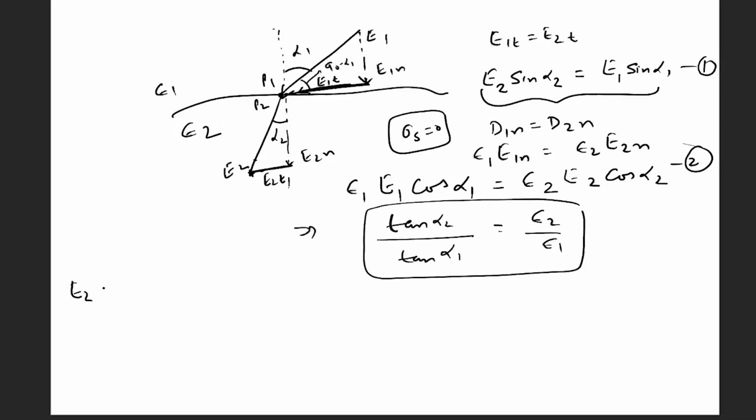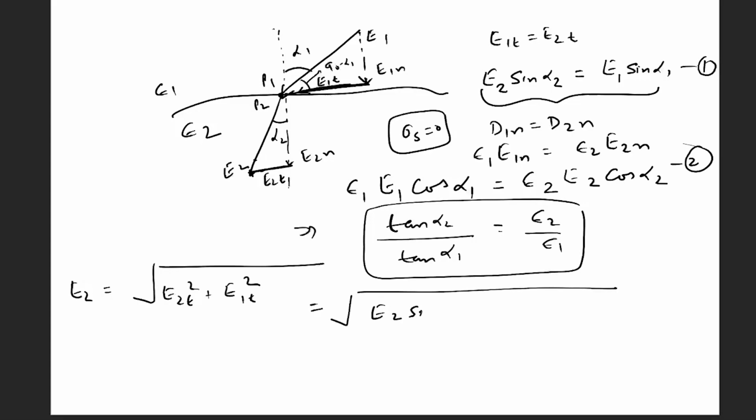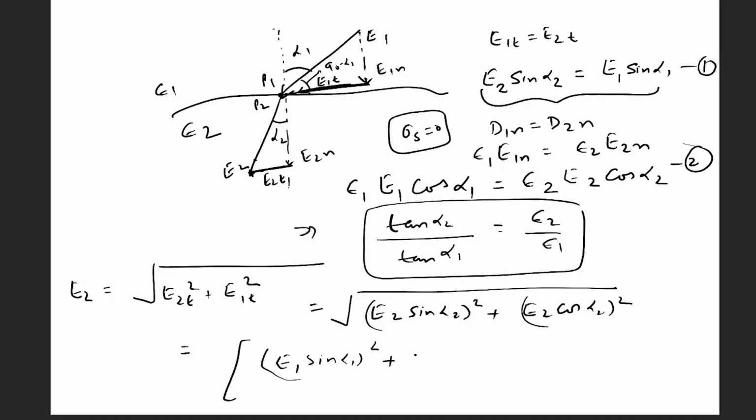And E2 should be equal to the square root of E2t squared plus E2n squared, or it will be E2 sine alpha 2 squared plus E2 cos alpha 2 squared, or it should give me E1 sine alpha 1 squared plus epsilon 1 by epsilon 2 cos alpha 1 E1 squared, and whole to the power 1 by 2. I'm just putting the values, I'm doing nothing else.